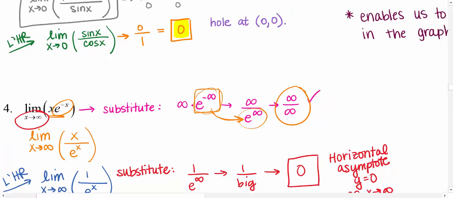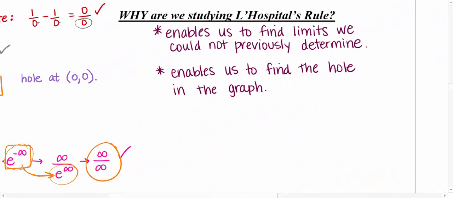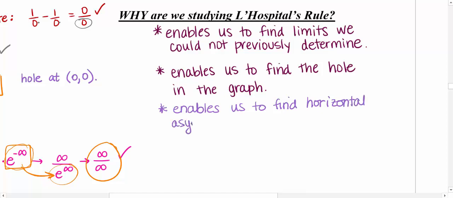So that's one other thing it enables, is that even if it's not a defined value like a hole, it enables us to find horizontal asymptotes. And so I'm just going to put as x approaches positive or negative infinity. Okay.